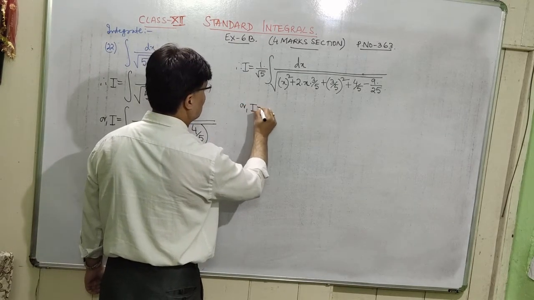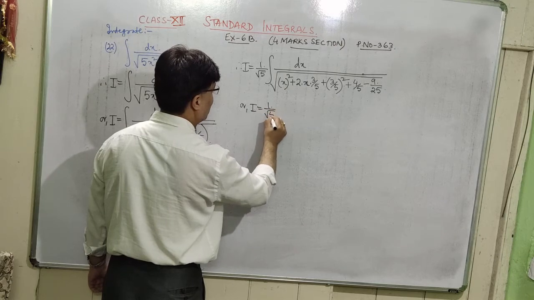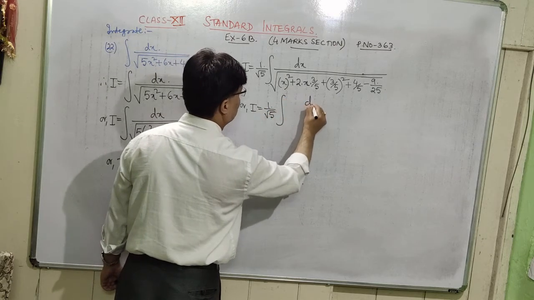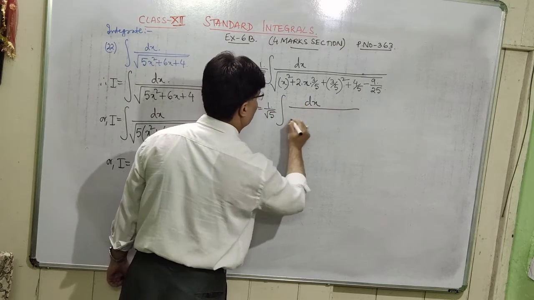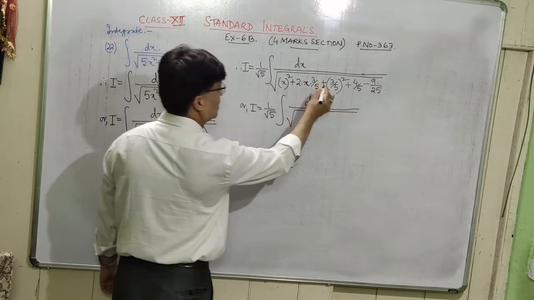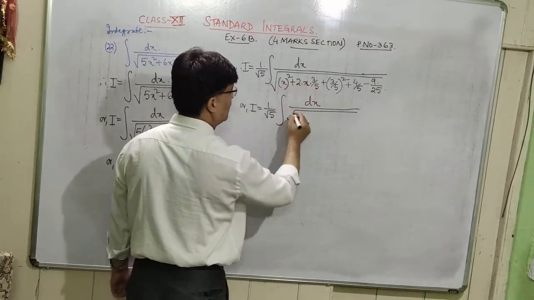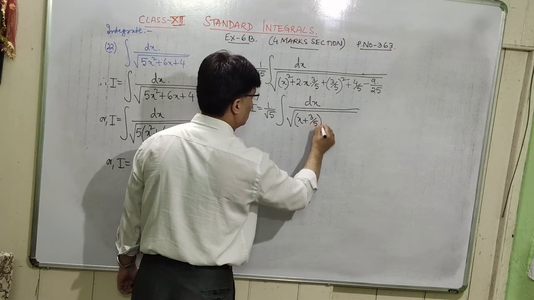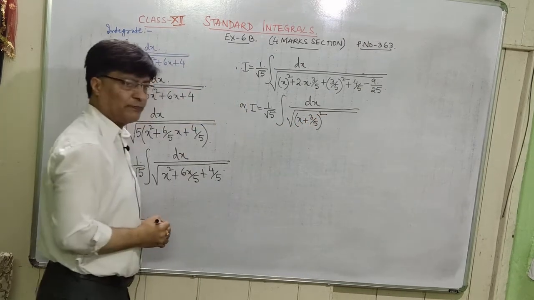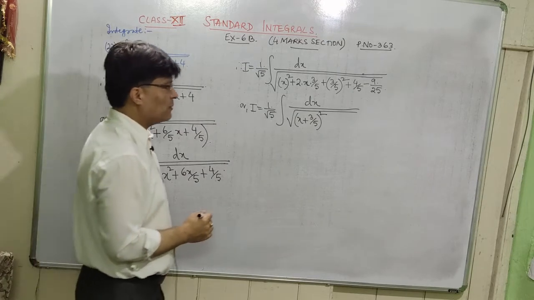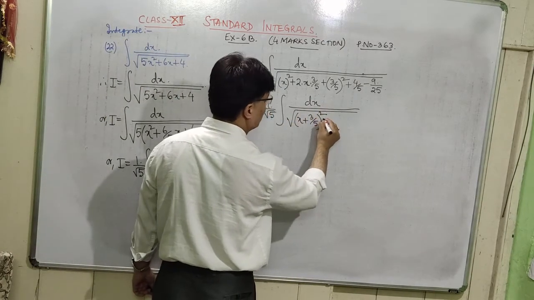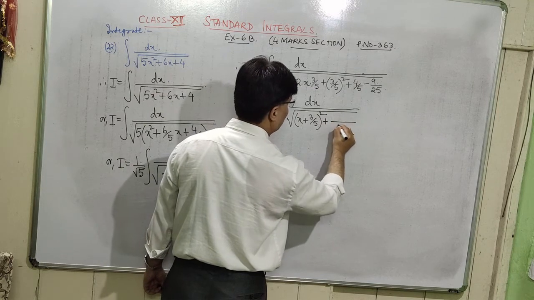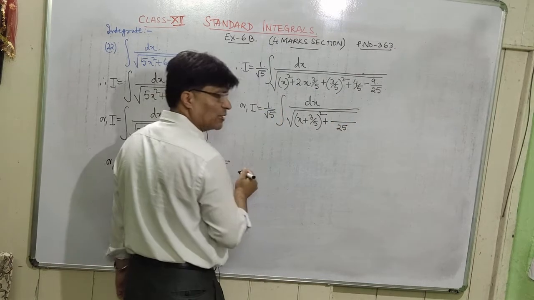So I is equal to 1 by root 5 integration of dx divided by within square root, this is a square plus 2ab plus b whole square, that is x plus 3 by 5 whole square. Okay? So let us simplify, plus 4 by 5 minus 9 by 25. What's the LCM here? 25 is the LCM.